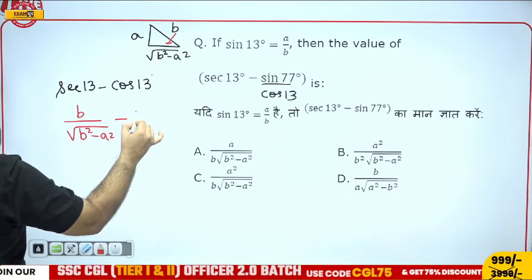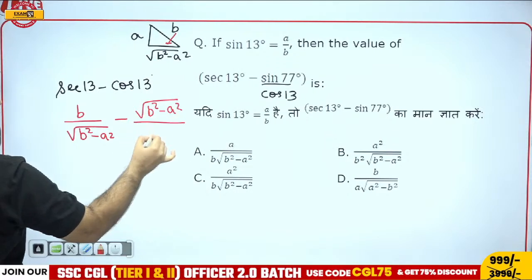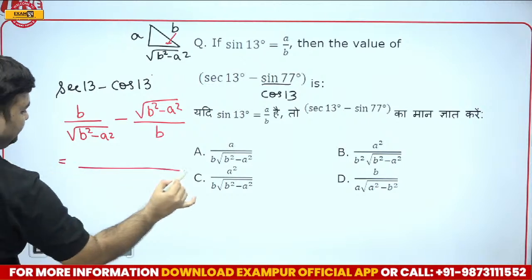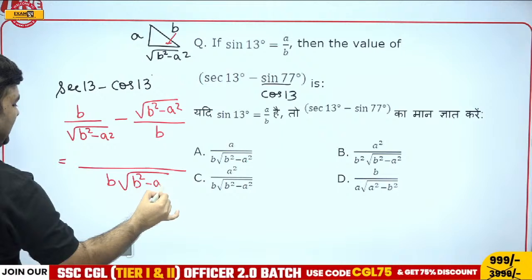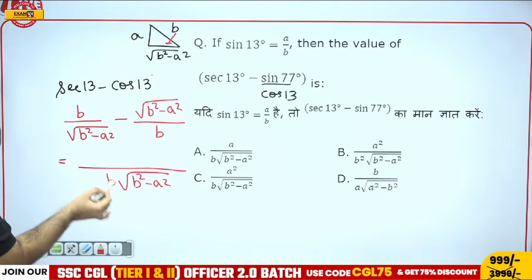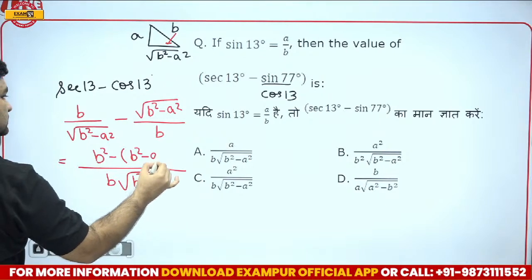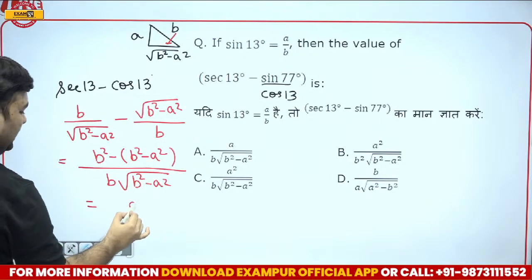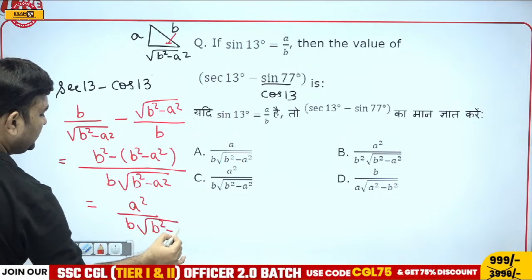Base upon hypotenuse. Exactly the same as the previous to previous one. So the answer is A square by B under root of B square minus A square.